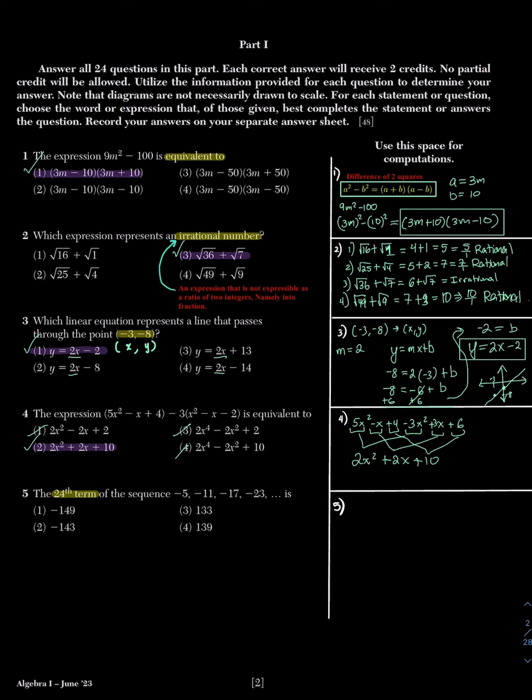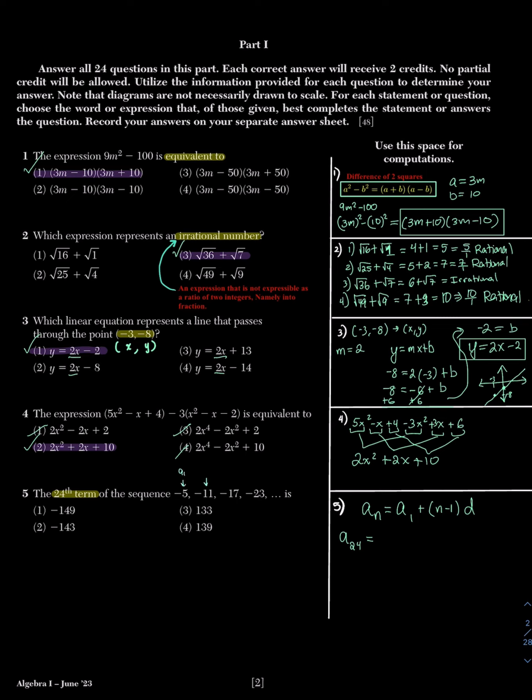So the formula for the arithmetic sequence is the following. a sub n is equal to a sub 1 plus (n minus 1) times the common difference d. We're looking for the 24th term. The first term here is your a sub 1.